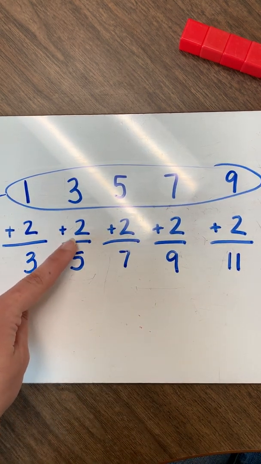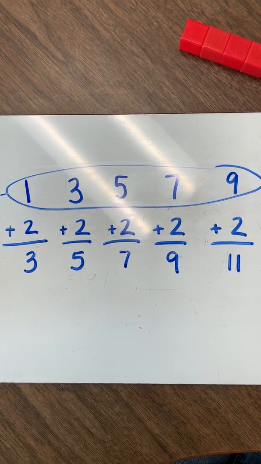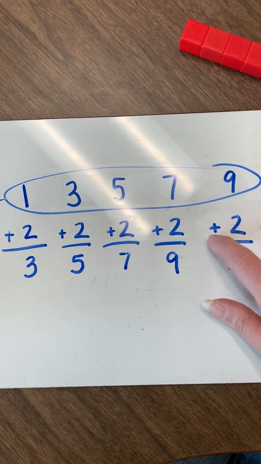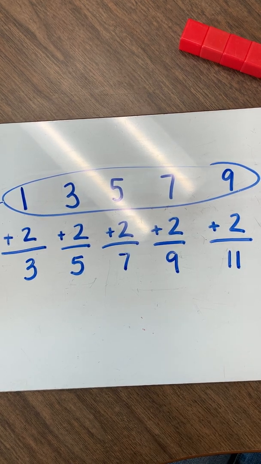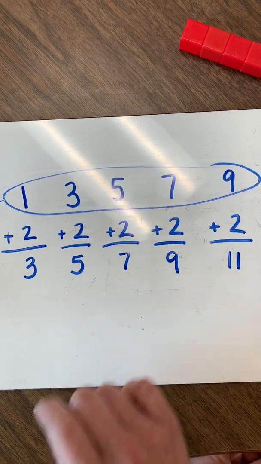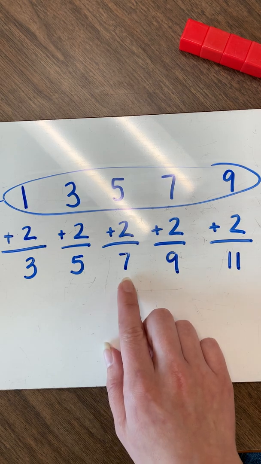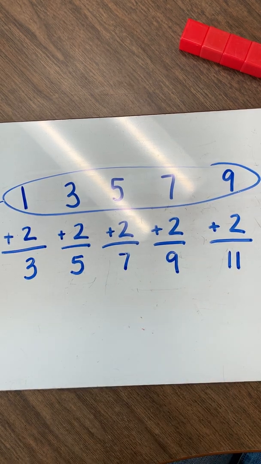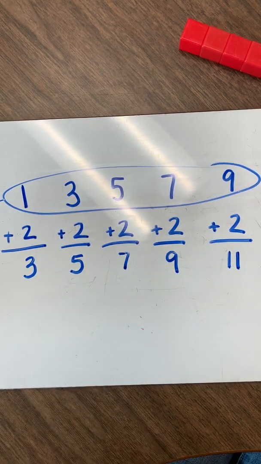Did you find it? 2 plus 3 is 5. 2 plus 9. 11. 3 plus 2. 5. 2 plus 5. 7. 2 plus 1. 3. Nice job.